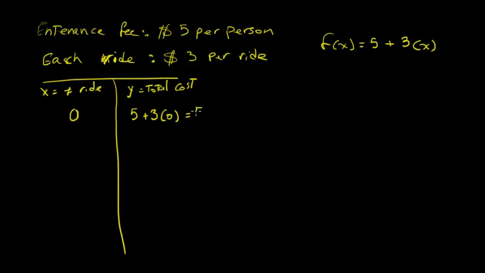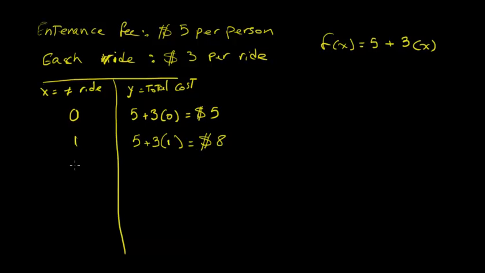So your cost will be $5. Let's say you hop on one ride, so you get $5 entrance fee and $3 per ride, and you have one ride, so your total cost will be $8.